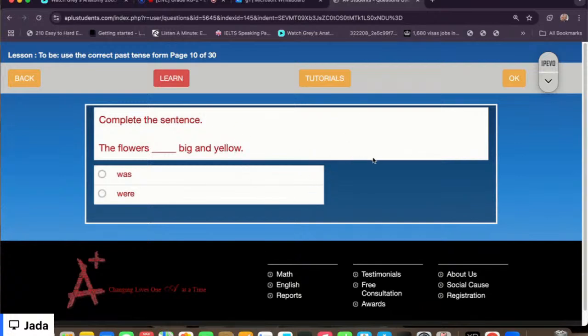The flowers was or the flowers were? What do you think? Alright, so the flowers were.